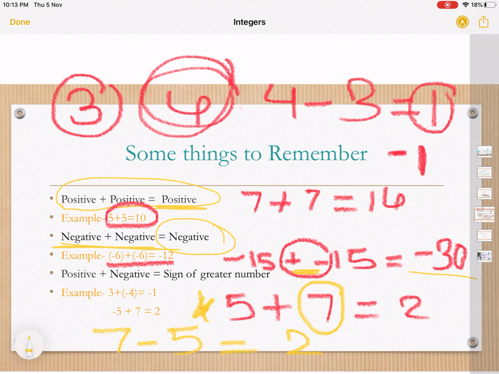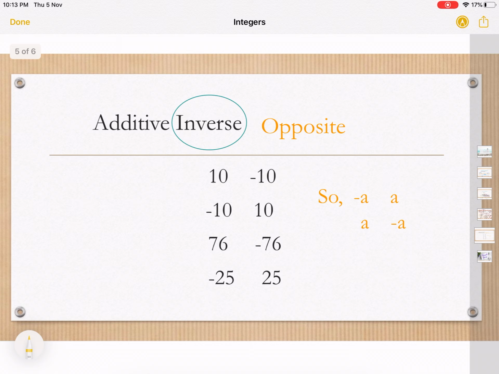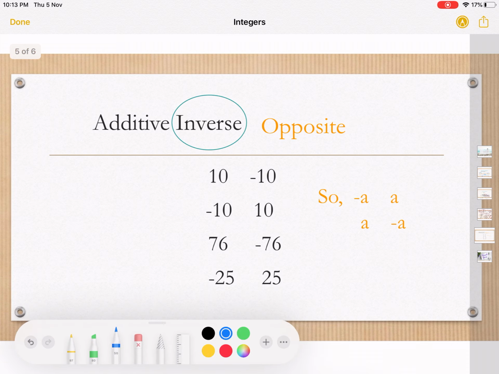And as our 7 is greater here and has a positive sign, we will add either a positive sign or we can also leave it as 2. So 2 is our answer.